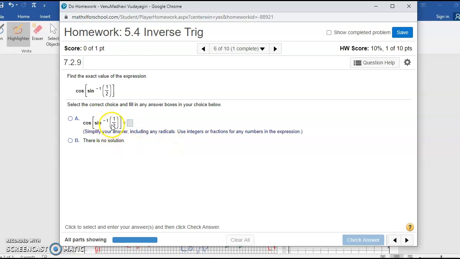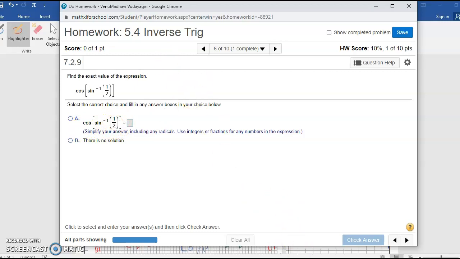Sine inverse of half means which angle would make the sine ratio half. From the unit circle, you know that it is 30 degrees. In radians, it would be pi over 6.